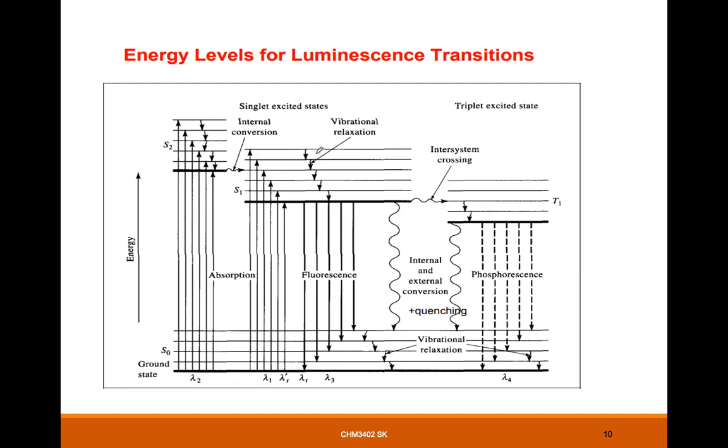I hope that you now know this is the electronic excited state, and the thin lines represent the vibrational excited states. So the electron decided to go down slowly instead of going down abruptly. After the electron reaches the lowest vibrational state here, then it goes down to the ground.